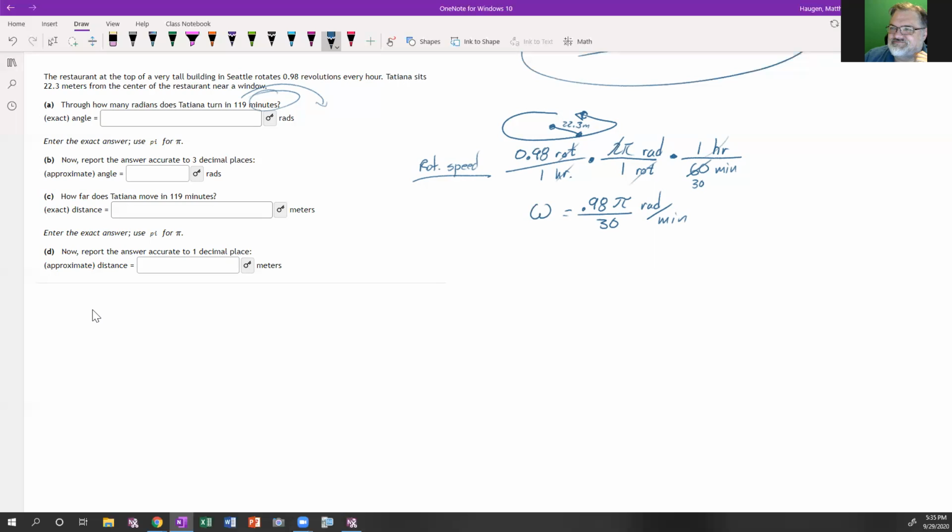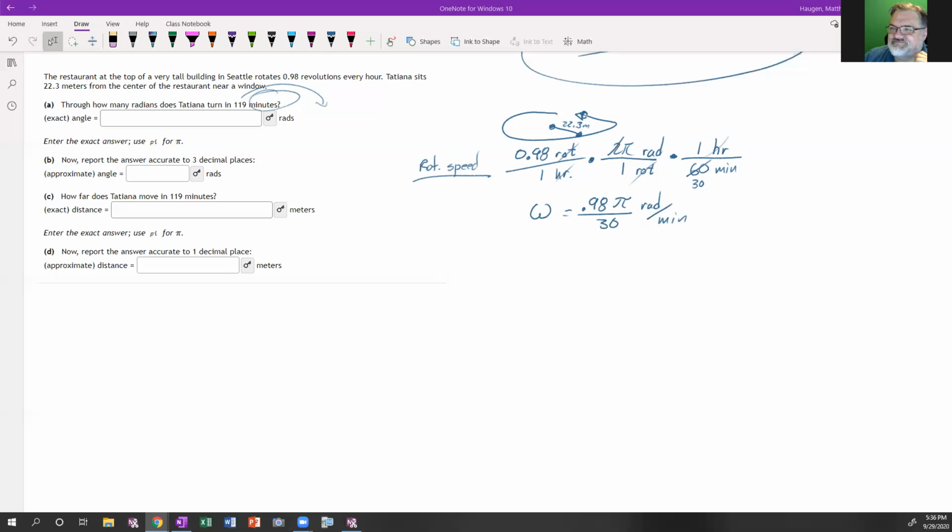Now we could just decide what that approximately is. But again, it might be good just to have a decimal for it. And since we've got calculators, we can. But notice I'm moving everything around without calculating until we get to the end. But that 0.98 is already a decimal, so we're just going to turn this into a decimal right away.